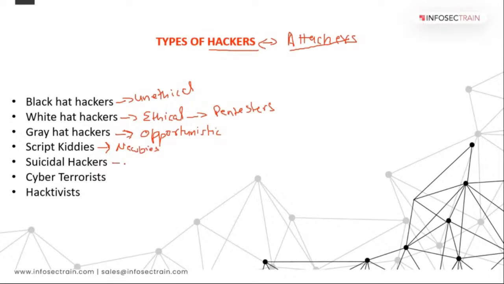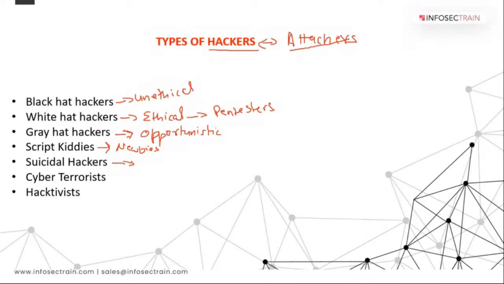Now, suicidal hackers. What are suicidal hackers? Suicidal hackers means those people who know what the outcome of the hack will be if they get caught, right? They will be behind bars. But what happens, they still give it a call and they still hack, right?